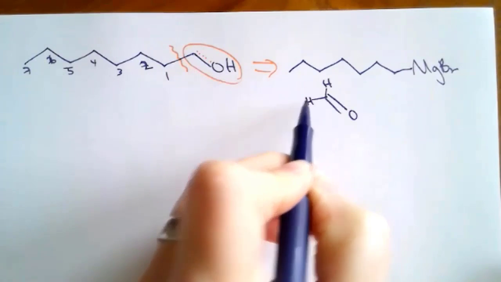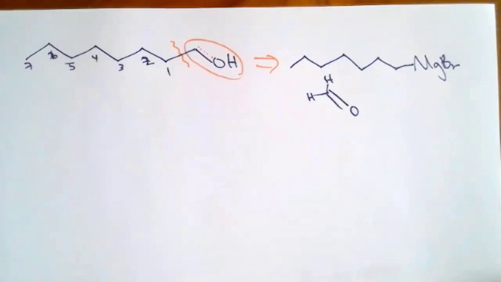So formaldehyde, really. That's easy enough. Are there more than one ways to propose this synthesis using a carbonyl? No. You could use an epoxide or formaldehyde and Grignard. Those are the only options for this guy. However, the next one does have more than one option.